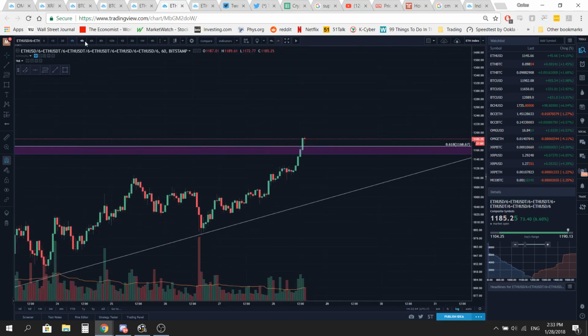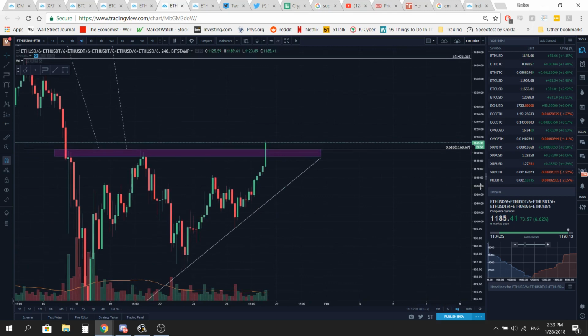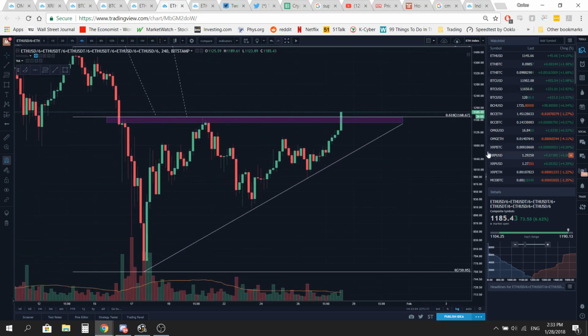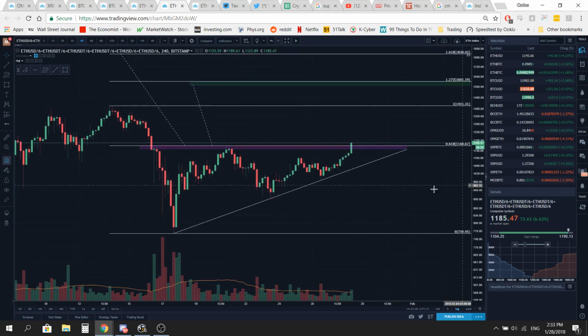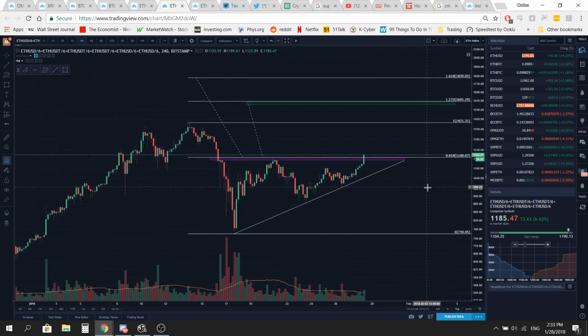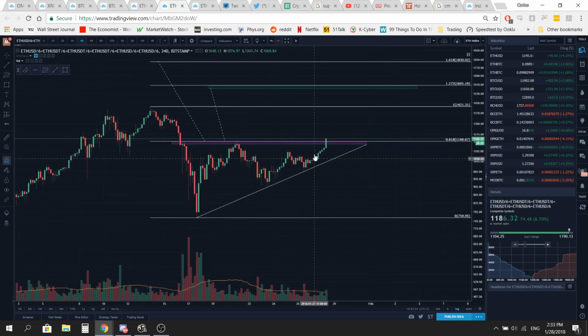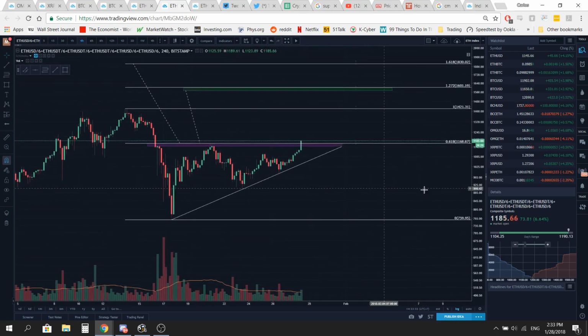So remember, it's always important that when you're breaking a significant zone like this resistance of this triangle, that you have a nice strong candle that just pierces right through that resistance. You don't want weak candles just trotting through these zones. You really want a decisive move that tells you that the market really knows what it wants to do at that point in time. Alright, so that's the index I'm looking at.